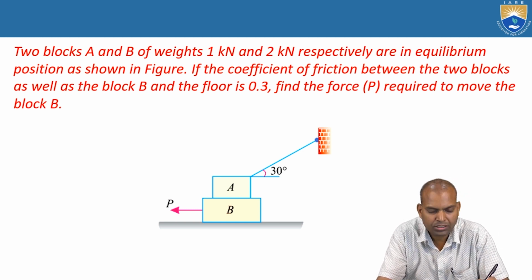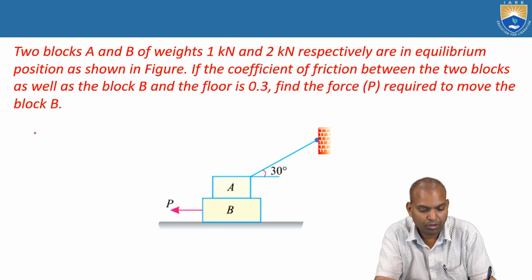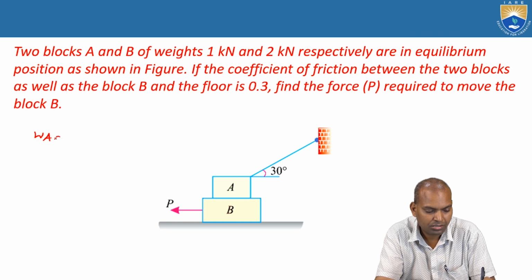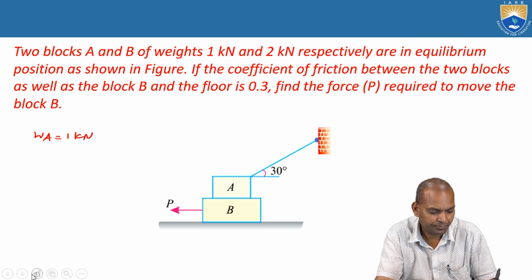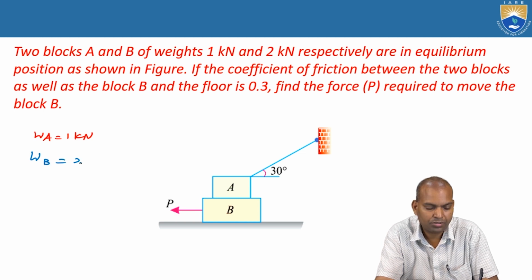Here there are two blocks, A and B. The weight of block A is 1 kilonewton, and the weight of block B is 2 kilonewtons, in equilibrium as shown in the figure.